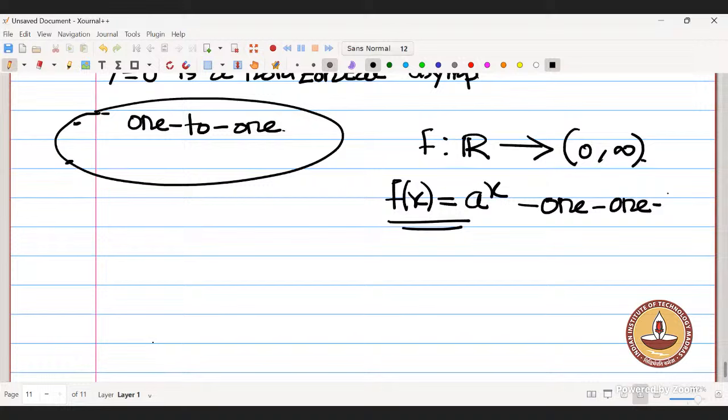No, they are the same. 1 to 1 and 1-1 are basically the same. It's just a notation. Sometimes some write 1 to 1, and you can write this as 1-1. So this is a 1-1 function.